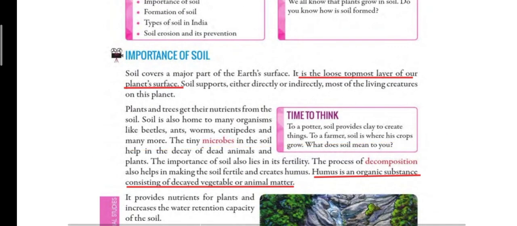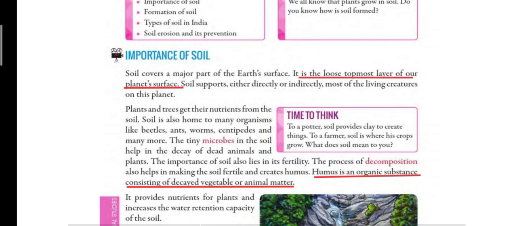Now, soil is very important for all living creatures because it supports life. So, why is soil important? Soil is important because it supports life directly or indirectly. Now, children, we all know that plants need soil to grow.